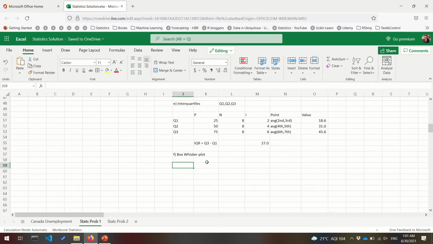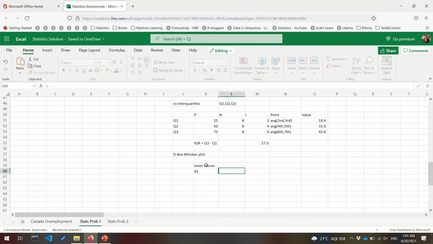For the box and whisker plot, if you remember, we need to find the inner fences. For the left extreme, x1, the formula is x1 equals Q1 minus 1.5 times your IQR. So the left-hand side will be Q1 minus 1.5 into your IQR, which is 27.